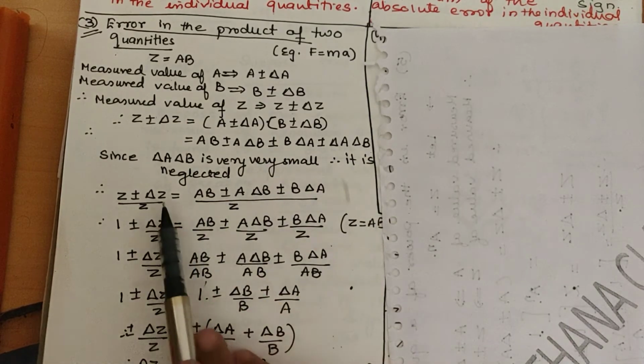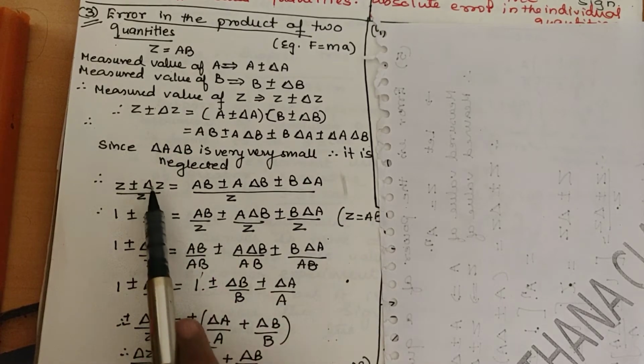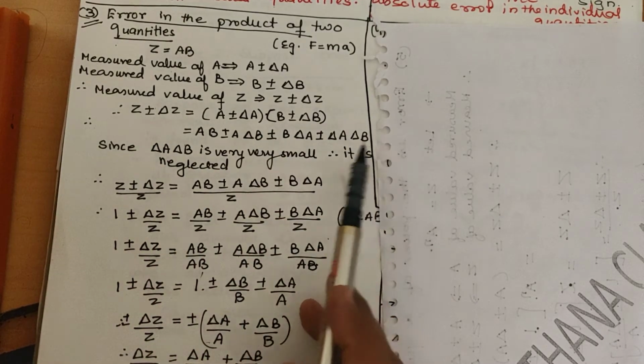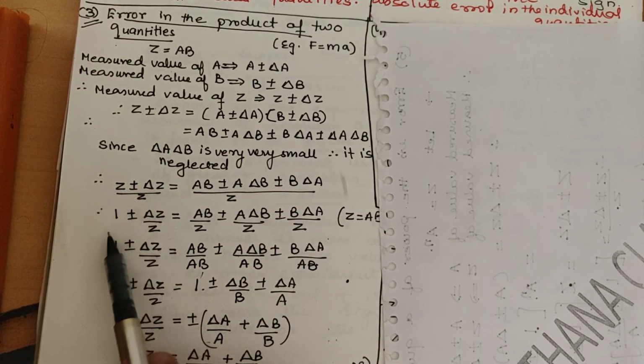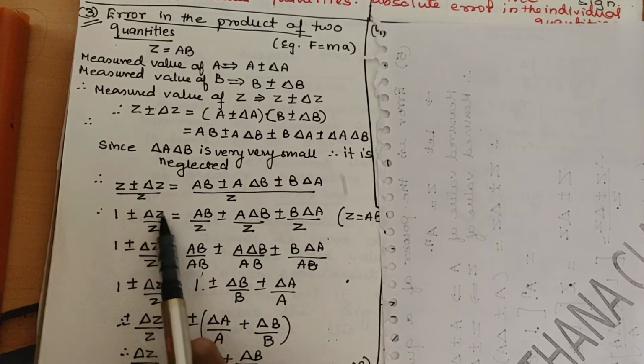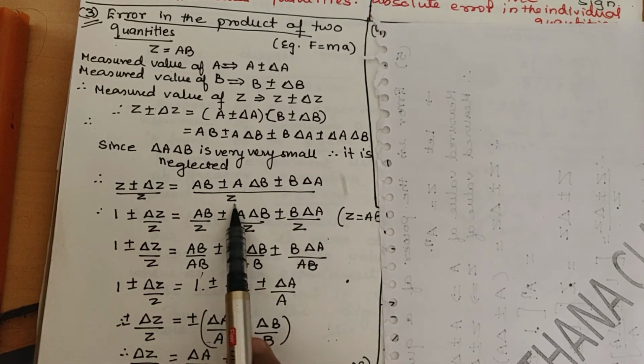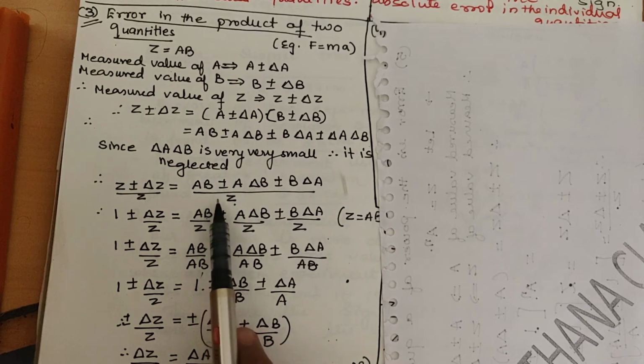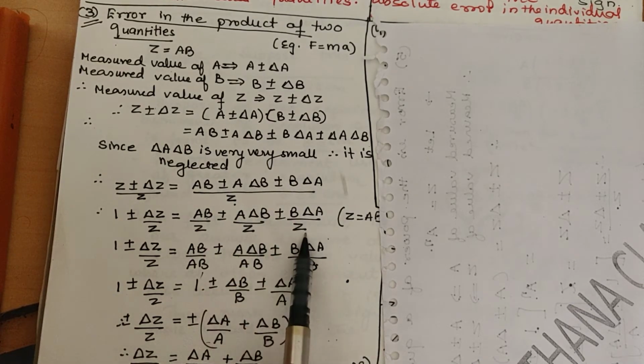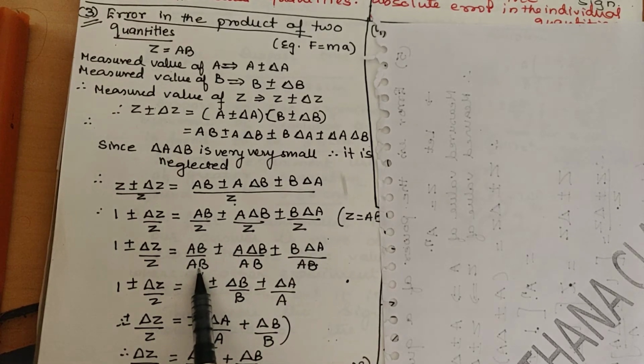Now I am dividing by Z on both sides. So Z upon Z becomes 1 plus or minus delta Z upon Z is equal to, these three terms get separated with the denominators, with Z replaced as AB.